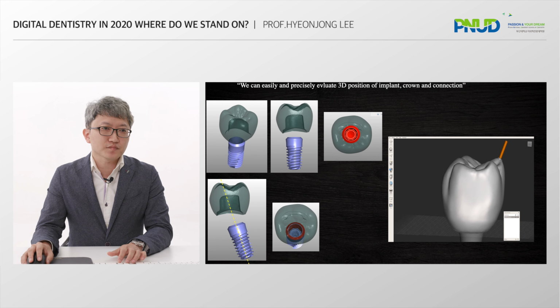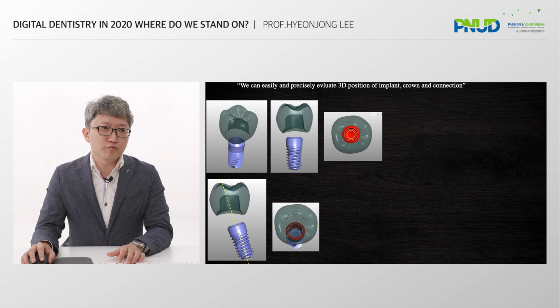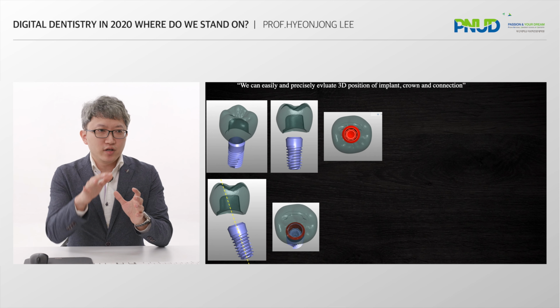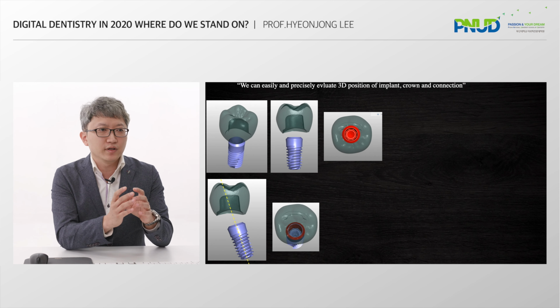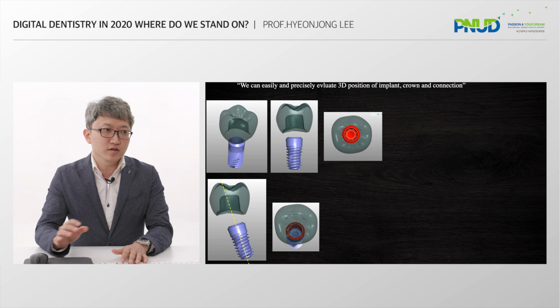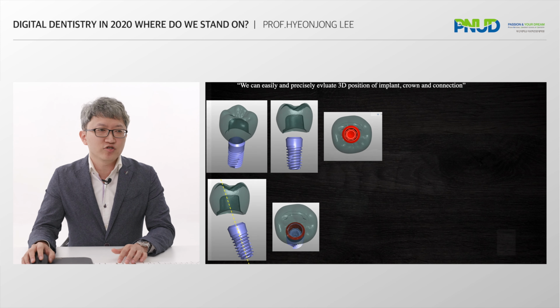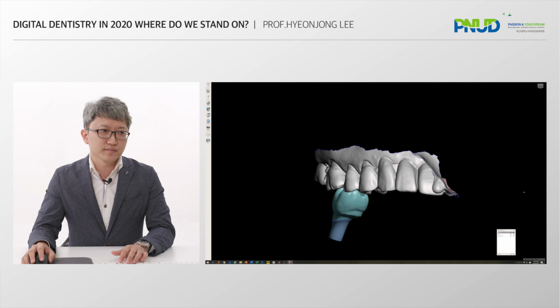And when designing the occlusal surface of the implant crown, the relation between the occlusal surface and the position of the implant platform can be considered, and I think it should be considered.